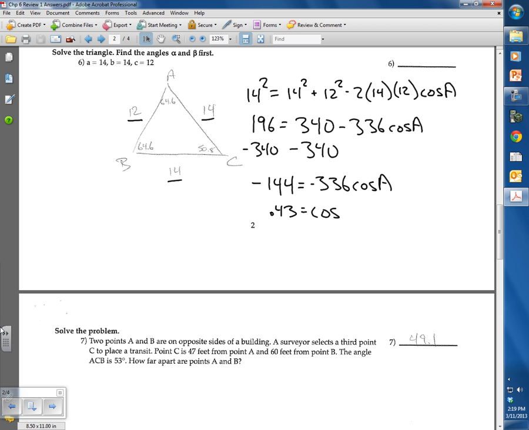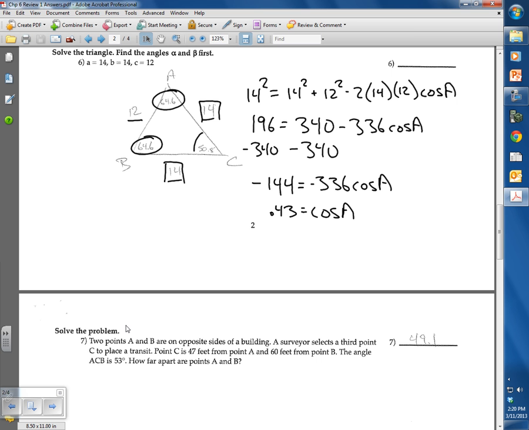And then we need to inverse cosine both sides, and get 64.62 degrees, 64.6. Since these sides are the same, 14 is the same as 14, if we know that A is 64, we also know that B is 64. Saves us the extra step of having to do the law of cosines again. And then we'll subtract from 180 to find our third angle of 50.8.